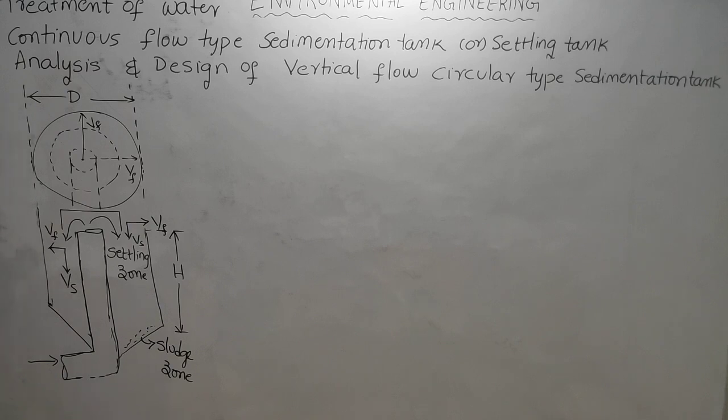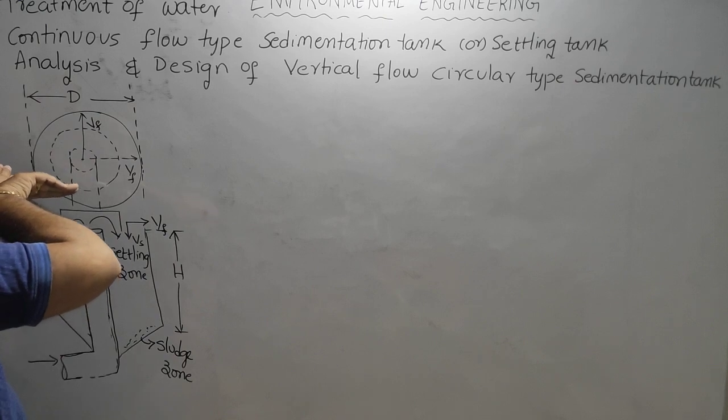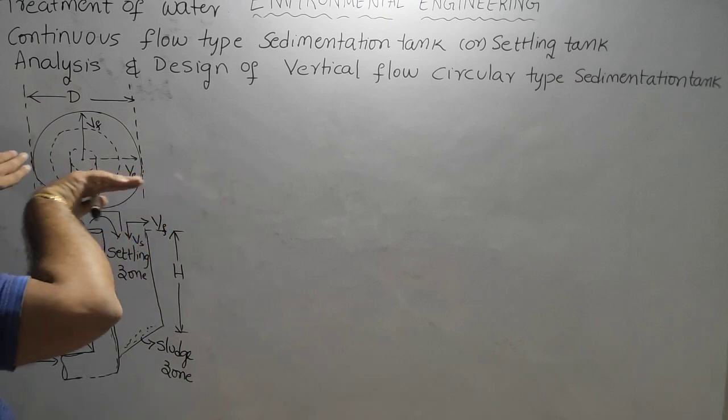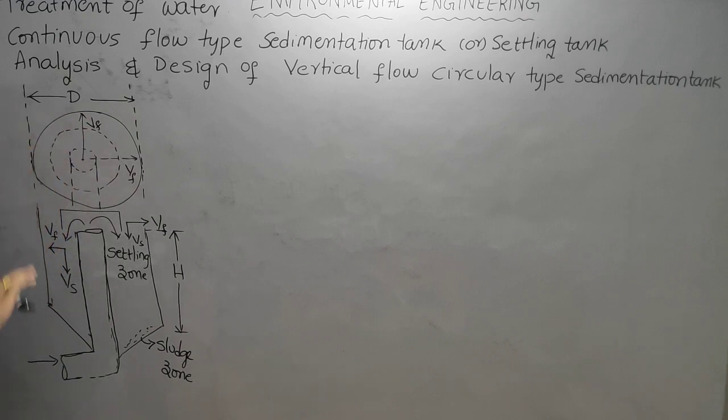In a vertical flow type sedimentation tank, the flow takes place in this direction. That means when the flow is taking place, the cross-sectional area of the tank is increasing.